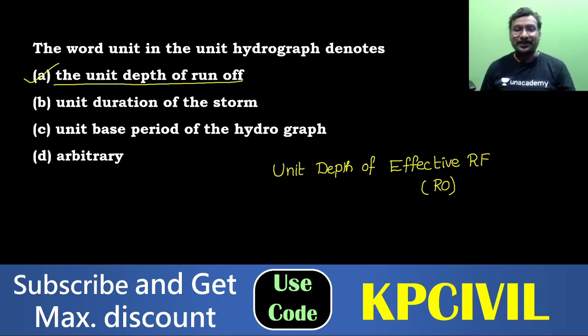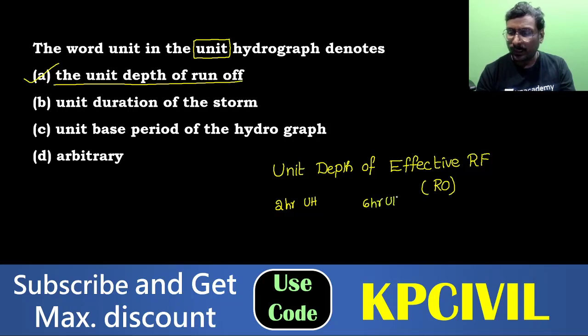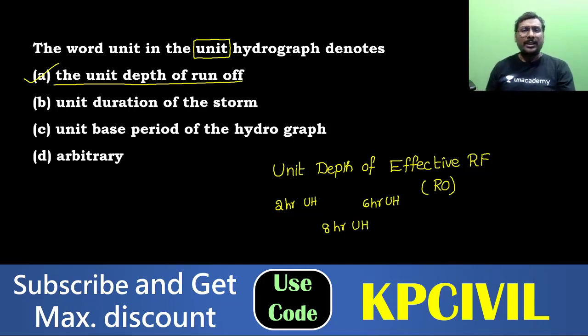Option A. The word unit in unit hydrograph. I have a question here. We are writing 2-hour unit hydrograph, 6-hour unit hydrograph, 8-hour unit hydrograph. What do these 2, 6, 8 represent?